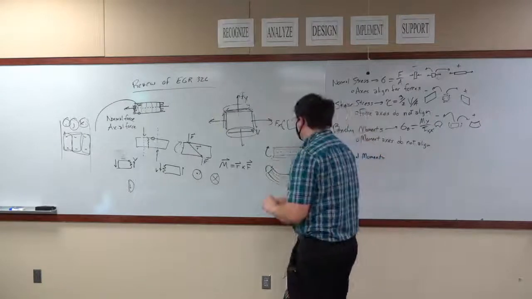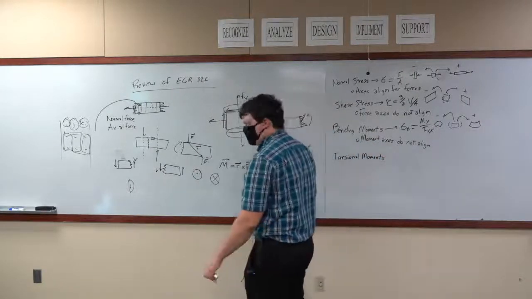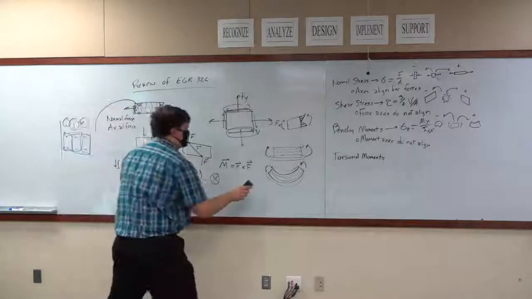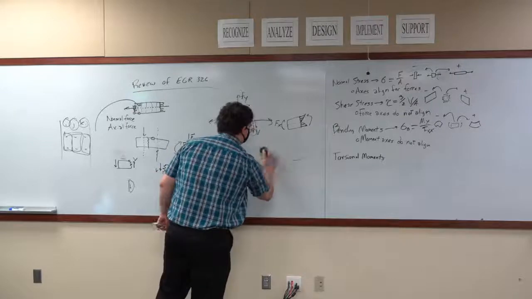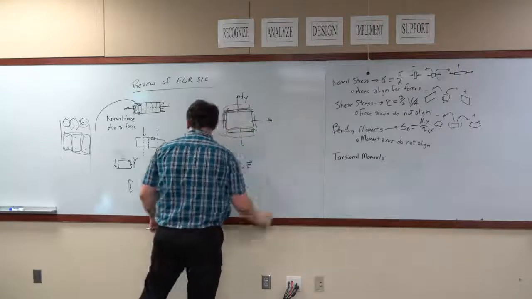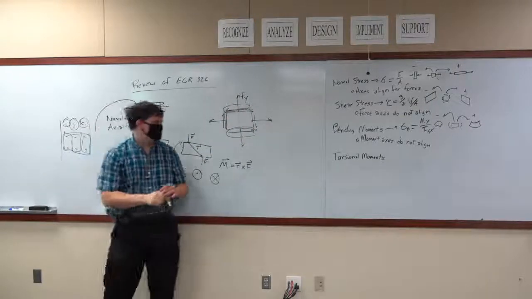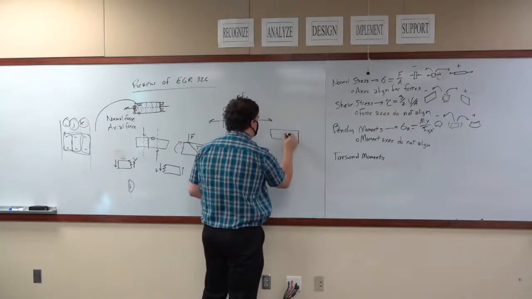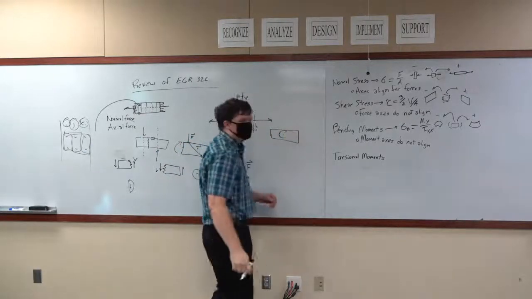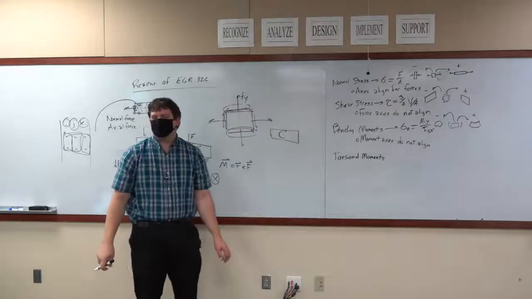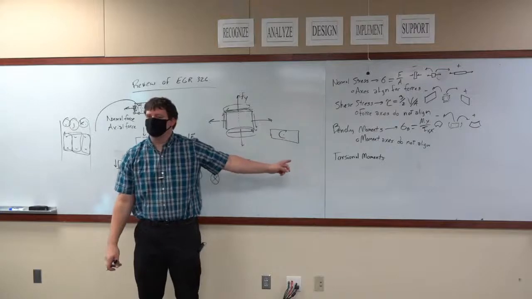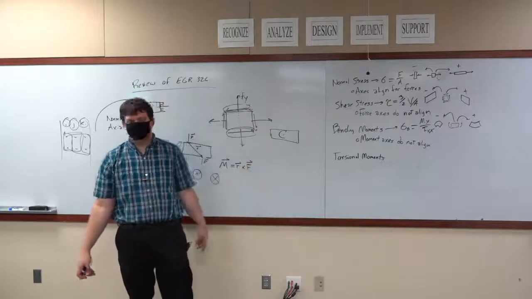If I were to, on this diagram, take this bar and say, okay, I am going to apply a moment here, but the counter moment is going to occur on the back side of this bar at the same location.